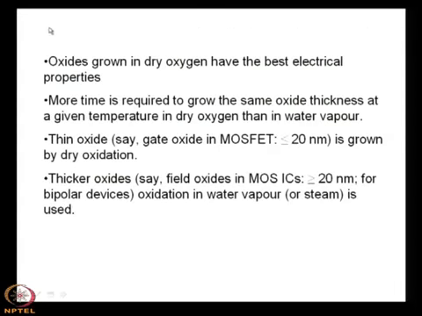Now, some comments about the thermal oxidation: the oxides grown in dry oxygen have the best electrical properties. More time is required to grow the same oxide thickness at a given temperature in dry oxygen than in water vapor.